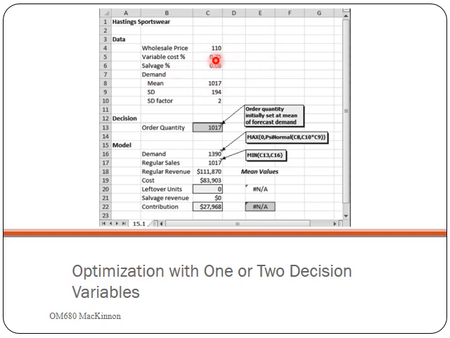Now we are concerned with leftover units. All right. If we order more than what demand will be, there will be leftover units, and we can sell them for salvage at 8% of the wholesale price. Okay. And so we are concerned with that value, but primarily what we are concerned with is the profit contribution. Okay, which is your revenue minus your costs. Okay, it's your regular revenue plus your salvage revenue minus the costs.